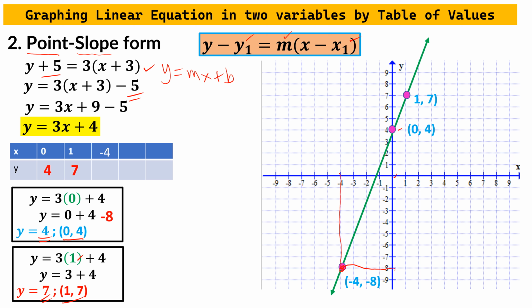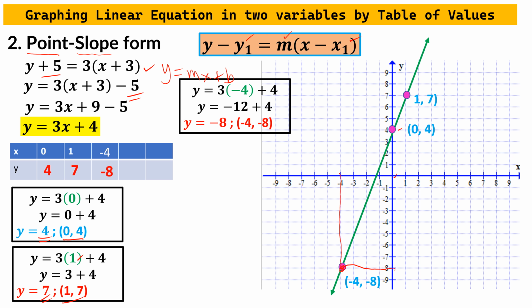Let us check this using the equation. From the Cartesian plane, the point is (-4, -8). Using the equation, we are still getting -8 as the value of y. So remember that (-4, -8) is on the line itself.